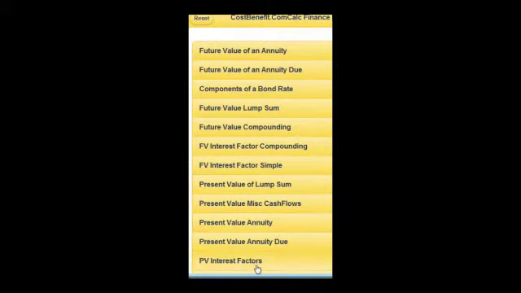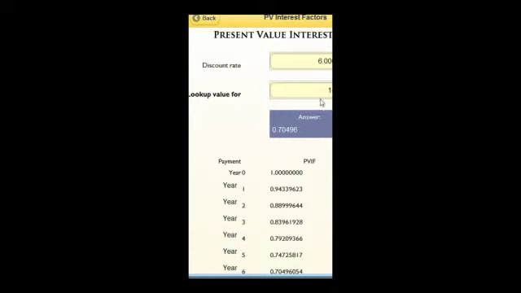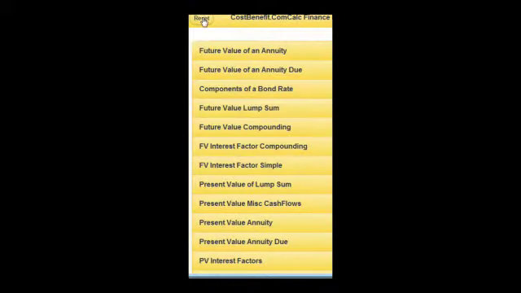What about interest factors? Occasionally you may want an interest factor. In this case, let's say we have a 7% discount rate, and we want to know what is the value after 10 years. And we get 0.62275. You even get sometimes an extra set of significant digits for doing a really in-depth calculation.